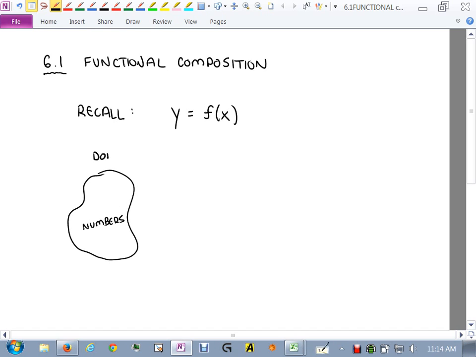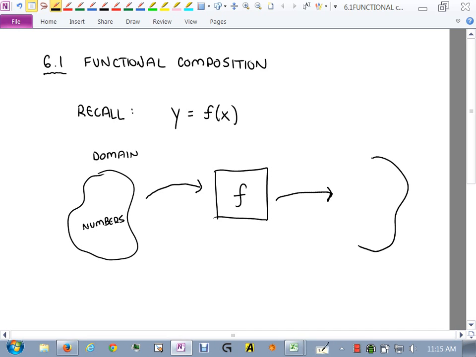This was called our domain. Those things got plugged into this machine, which we called f, which was our function. The function did something to that number, spit it out over here into what was called the range.